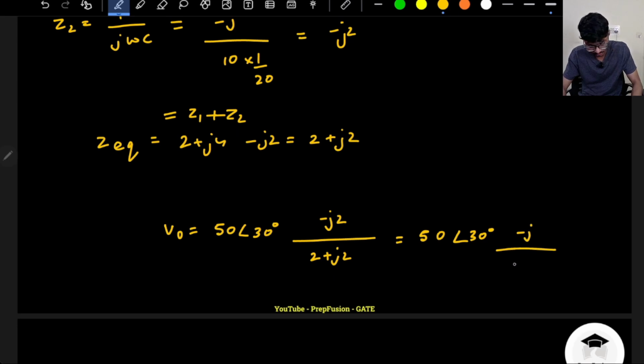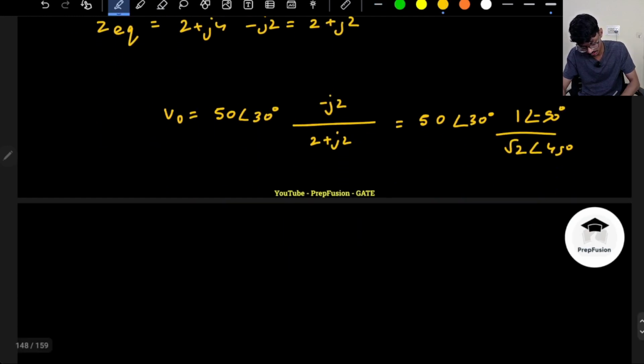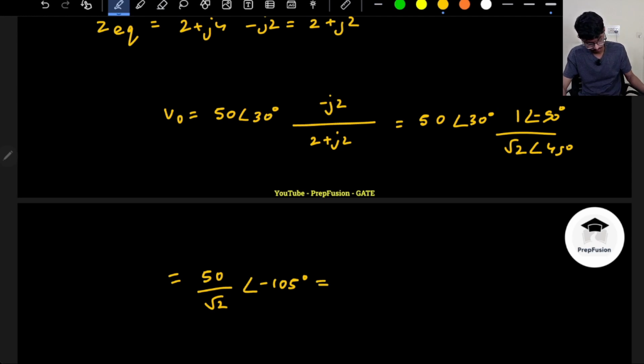So 1 plus j is root 2 into angle 45, and minus j is 1 angle minus 90. So this will be 1 angle minus 45 overall. So ultimately this will be 50 by root 2, angle 30 minus 90 minus 45, which is minus 105.